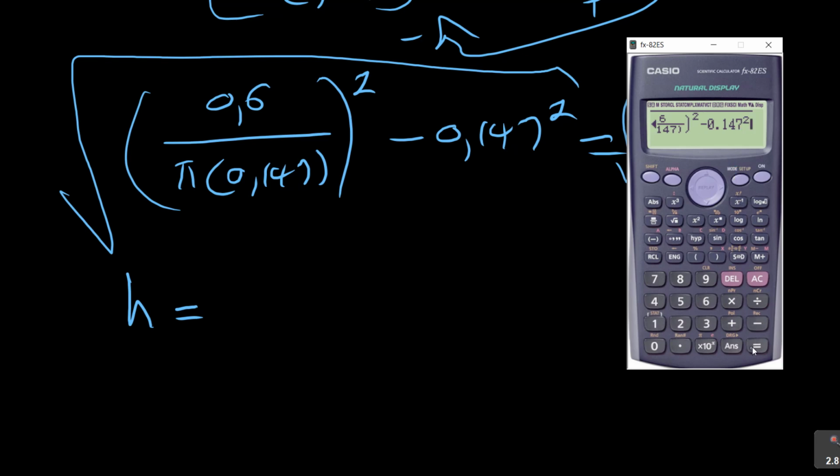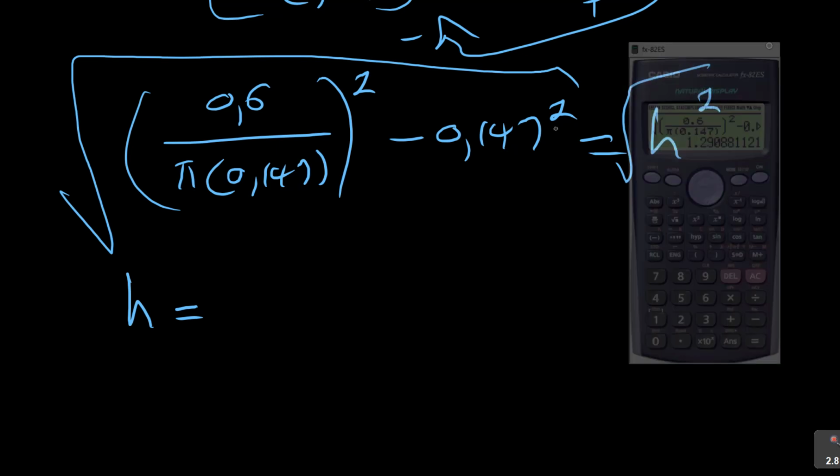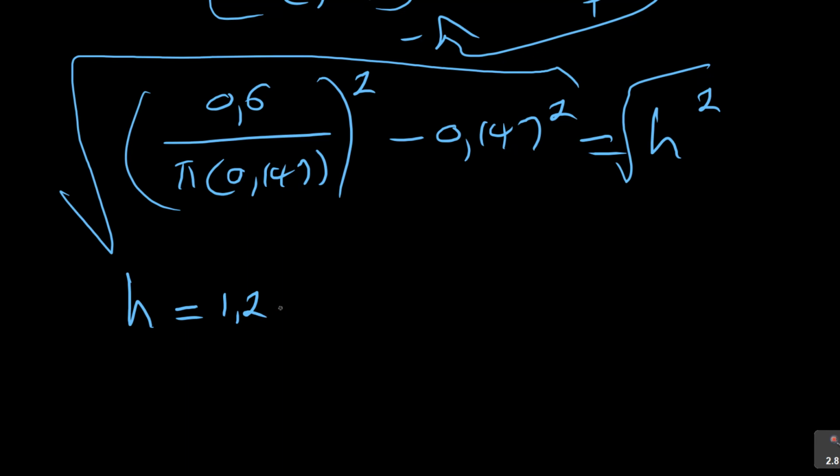Everything under the square root sign. Shows 1.291, 3 decimal places, which is 1.291 centimeters. This is the perpendicular height.